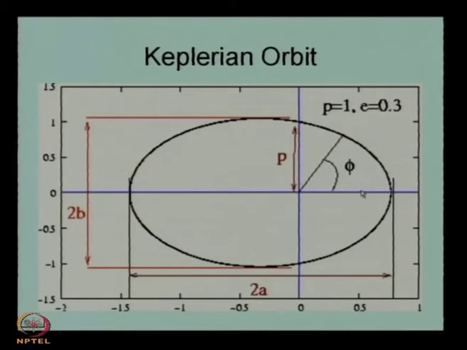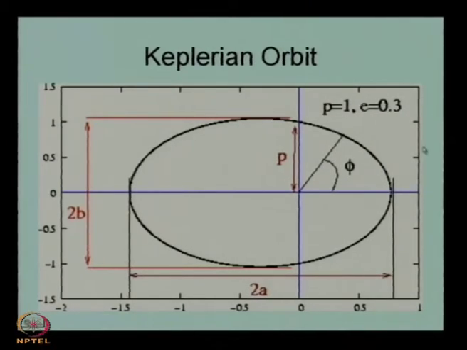This picture on the screen shows one example of an ellipse, one particular possible orbit, drawn with p equal to 1 and the eccentricity equal to 0.3.